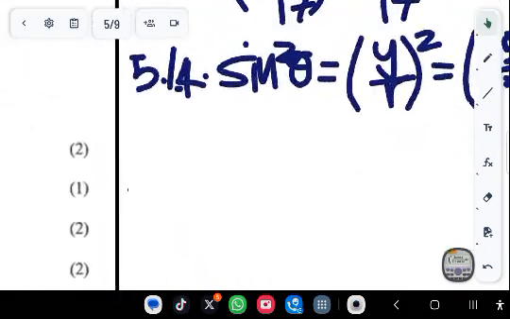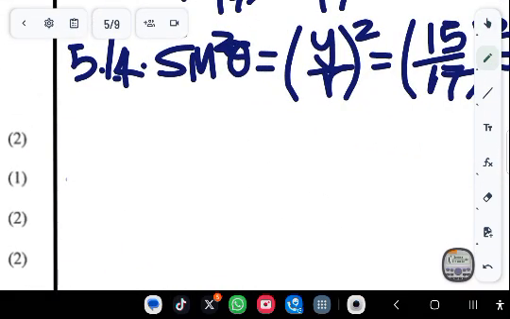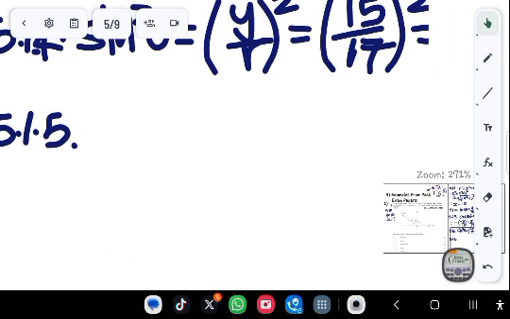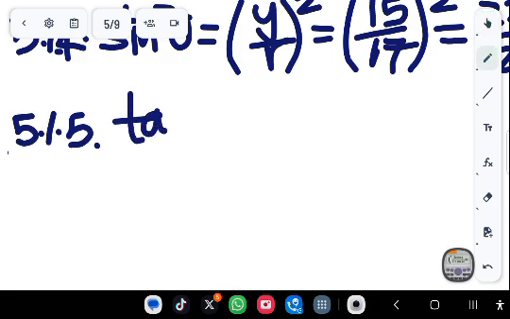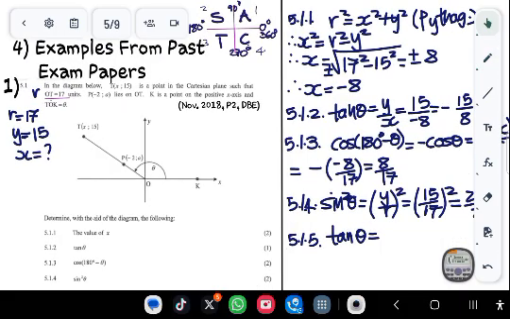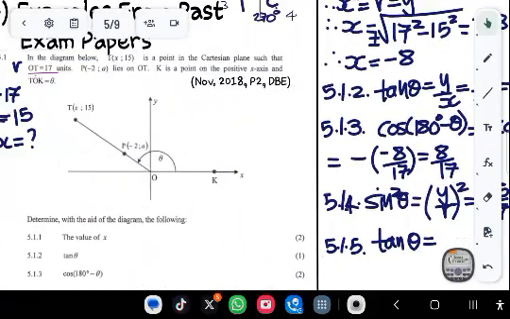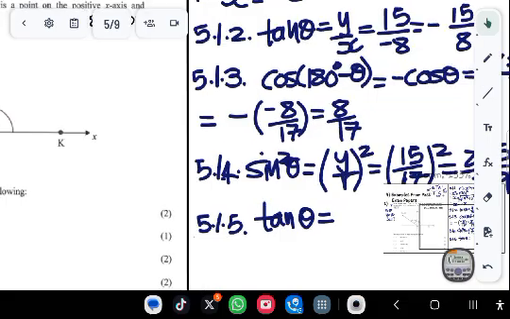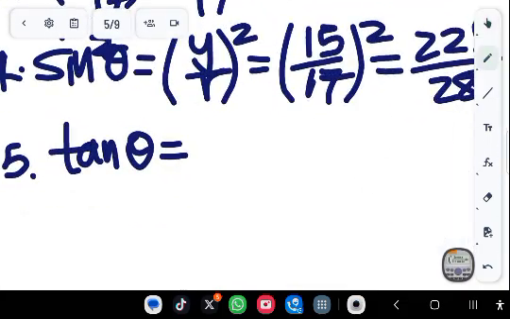So we can use any trigonometric ratio, the one that's best to use because we've got all the information here, is the tangent. The tangent of theta is equal to opposite over adjacent, I mean y over x.